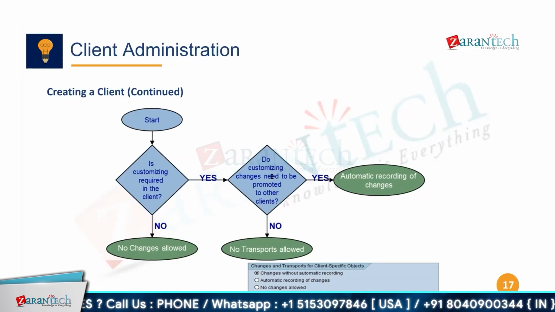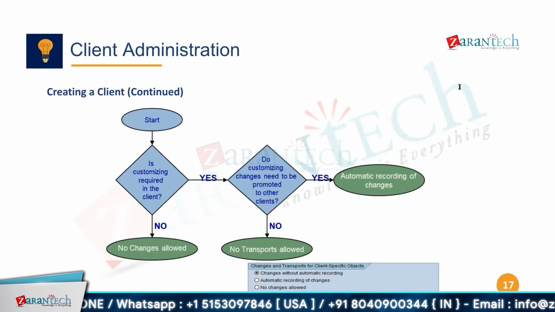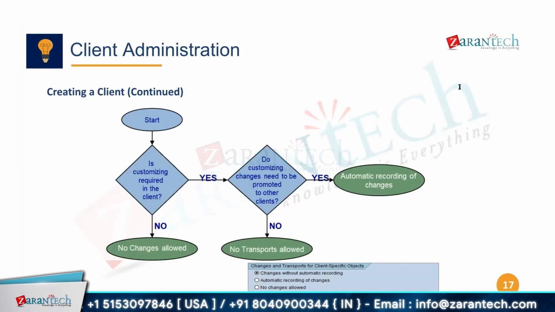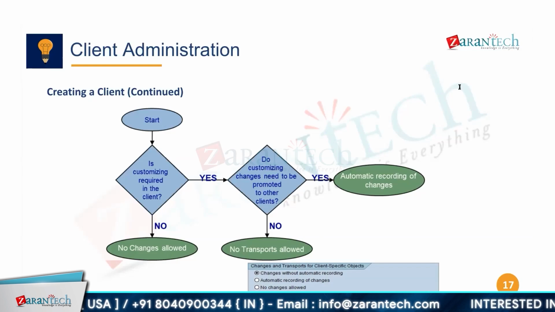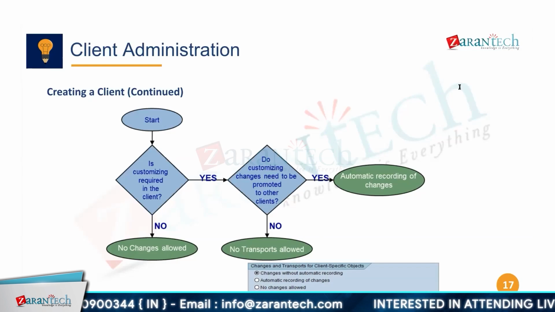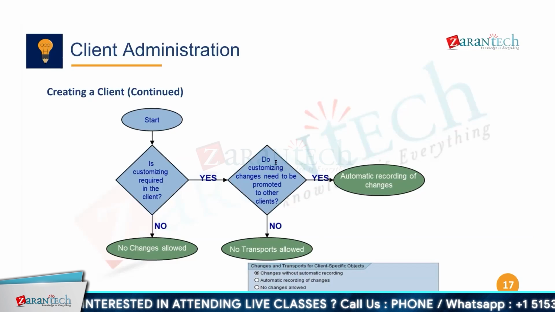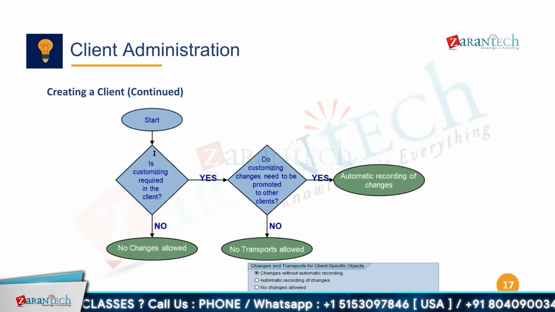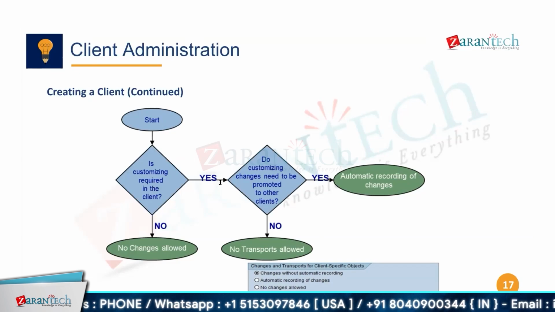Whatever development you do, you want to record it in the transport request, so you select that option. We mainly do this in the customizing client or in some cases the development side. Suppose I am just enhancing my functionality in this system. Start: is customizing required in the client? Yes.